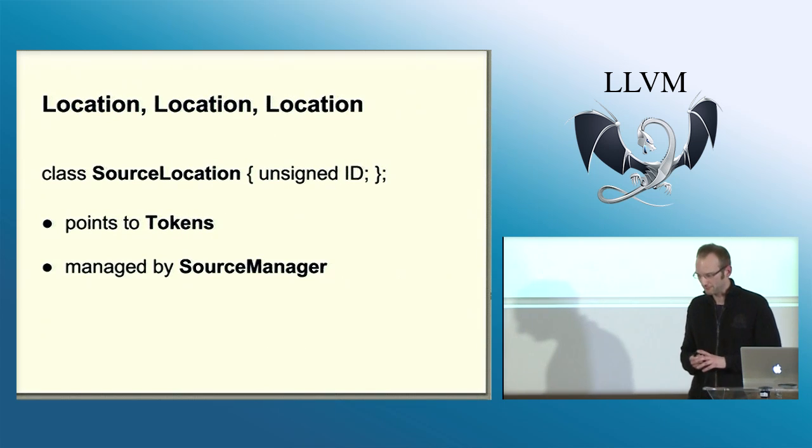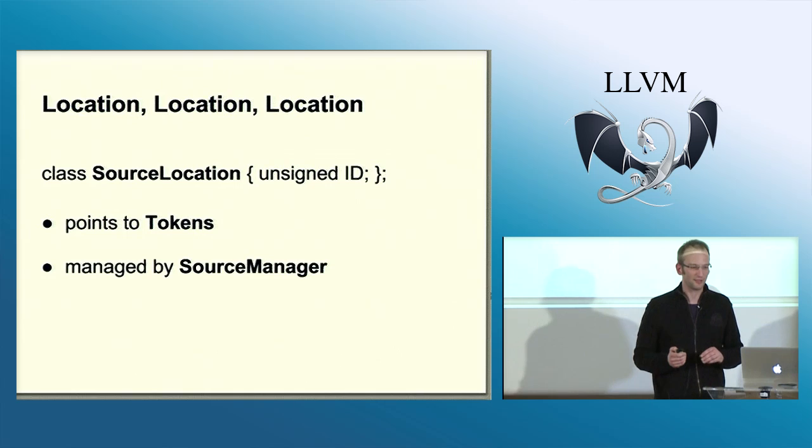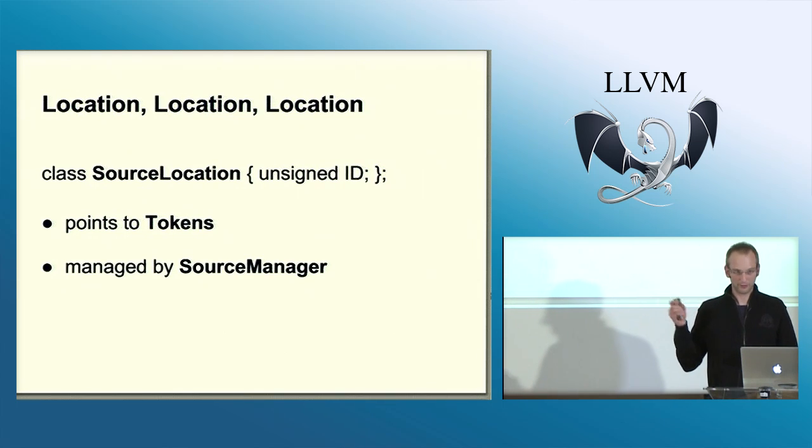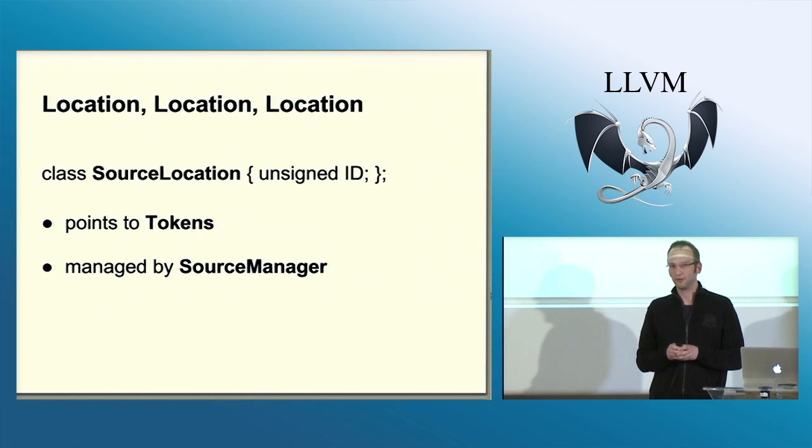So enough of types. Let's talk about location. Locations are also very interesting. Locations are really, really clever. They're kind of genius, but mad genius. At first glance, locations are pretty simple, right?